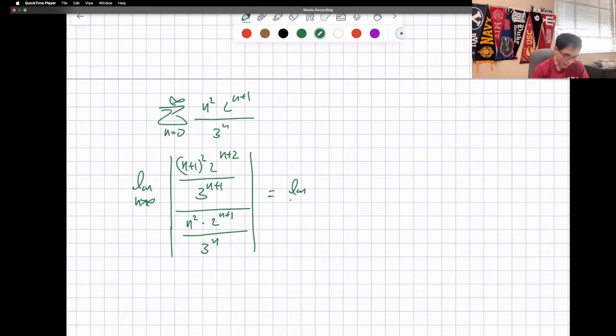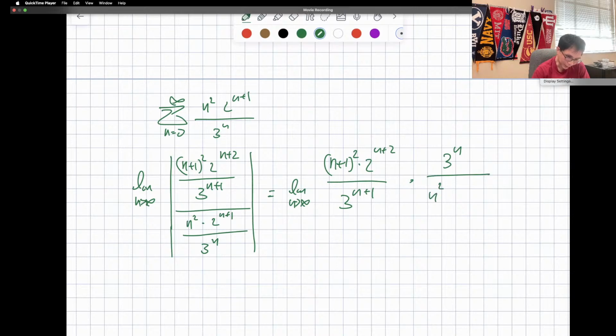So the limit as n approaches infinity of (n plus 1) squared times 2 to the n plus 2 over 3 to the n plus 1, times 3 to the n over n squared times (2n plus 1).